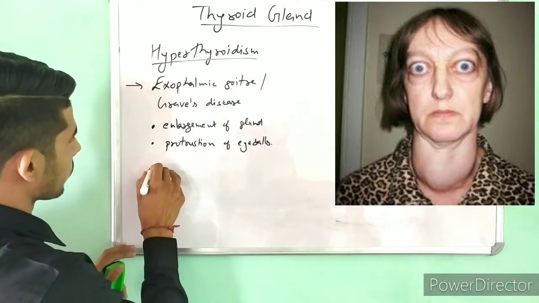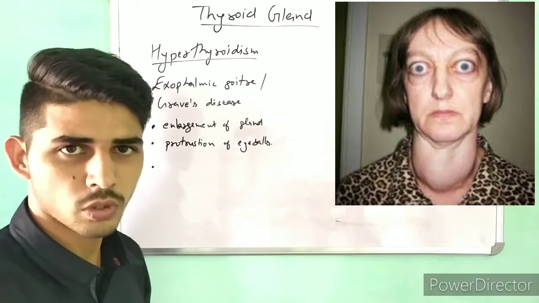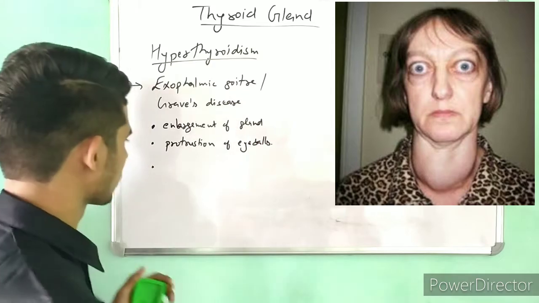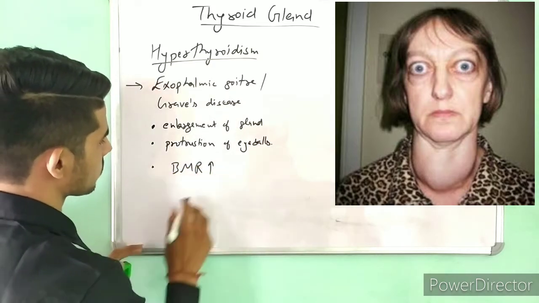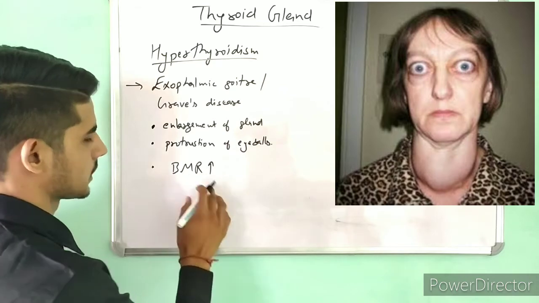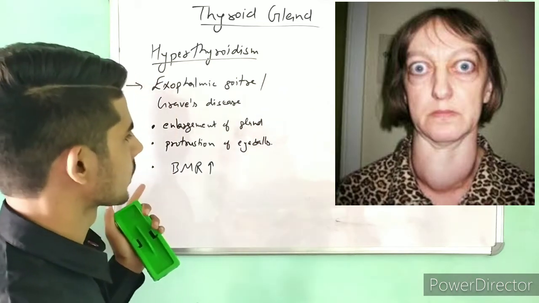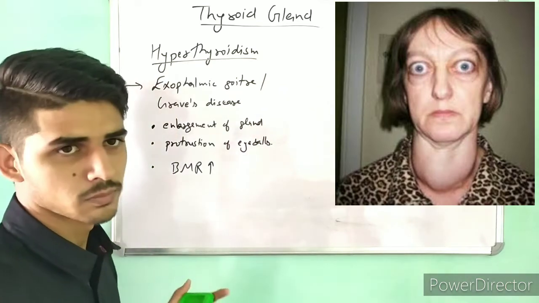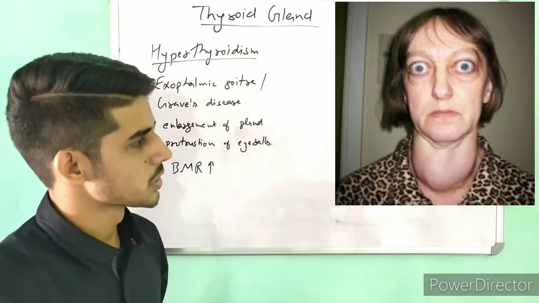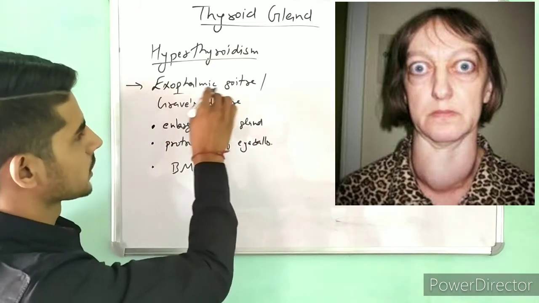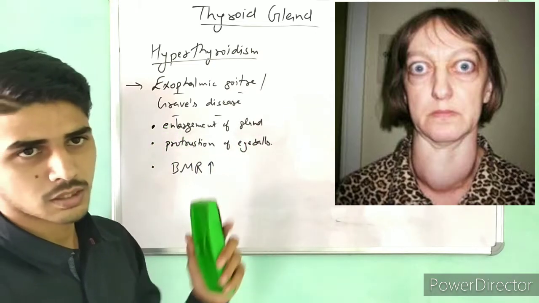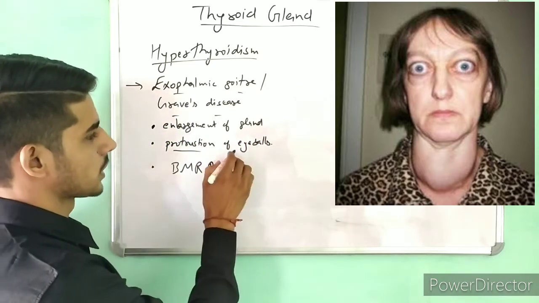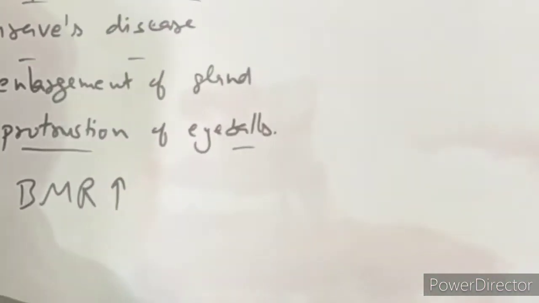And when the thyroxine hormone is more in the body, it causes increased BMR. BMR is increased, meaning the basal metabolic rate is increased because the thyroxine hormone is more in the body. As you see in this picture, this is exophthalmic goitre or Graves' disease. In this picture, enlargement of the gland and the protrusion of the eyeball is seen.